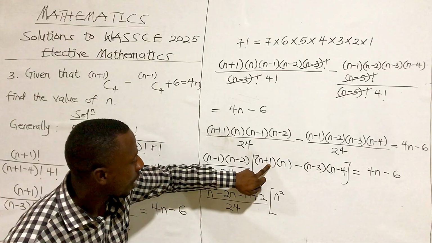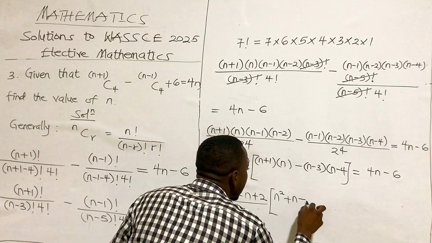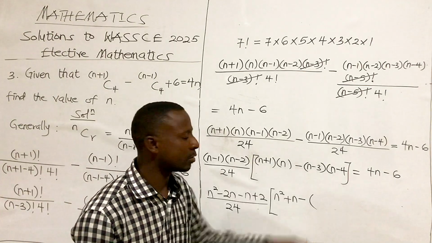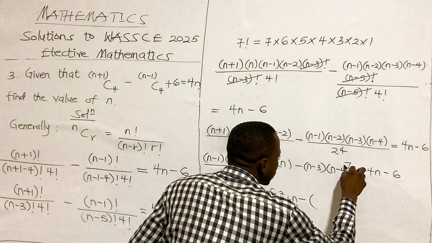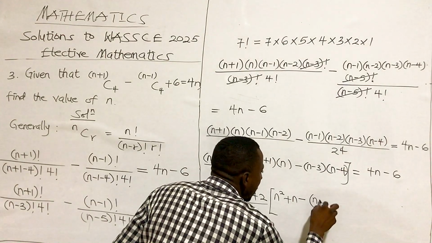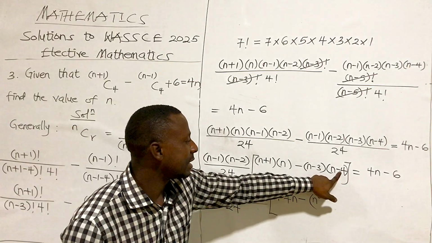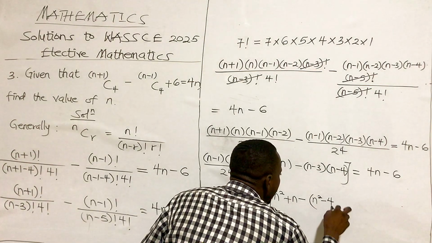Then 1 times n, I have n minus, bracket open. I need to expand this: n times n, I have n squared. n times negative 4, I have negative 4n.